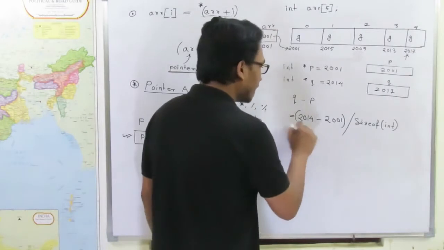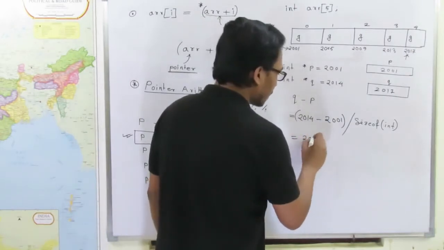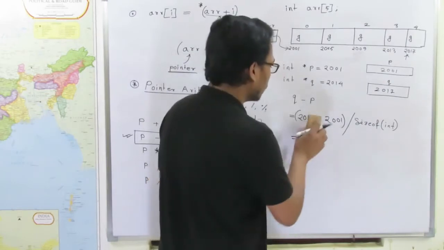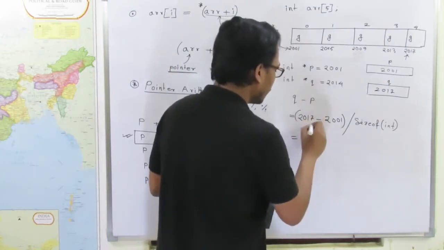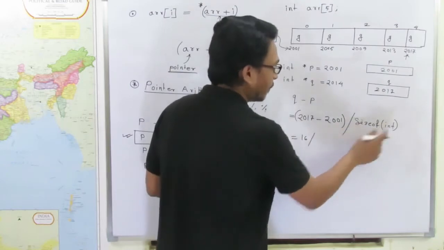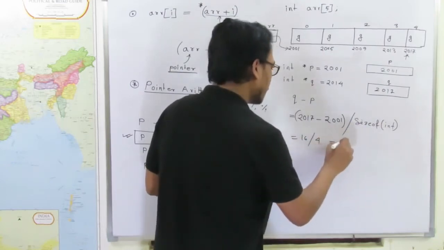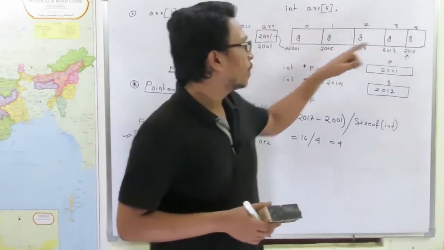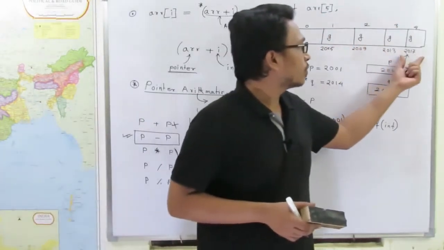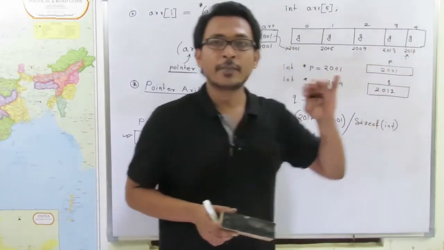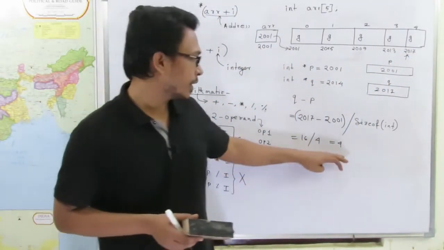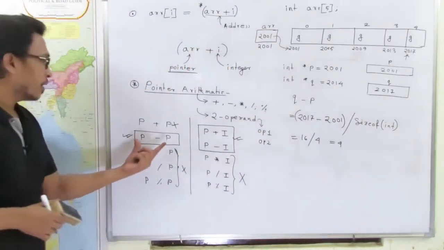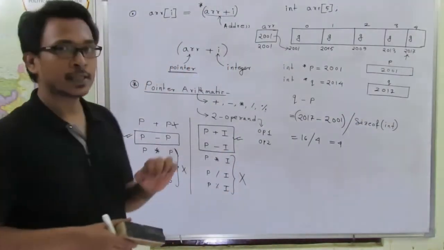So the result is 16 divided by size of int, that means 4. So the result is 4. Let's see. 1 2 3 4. So between 2001 and 2017 there are 4 elements that we can store, and that's why we get the result as 4. Clear? So that is how this operation is performed by the system.